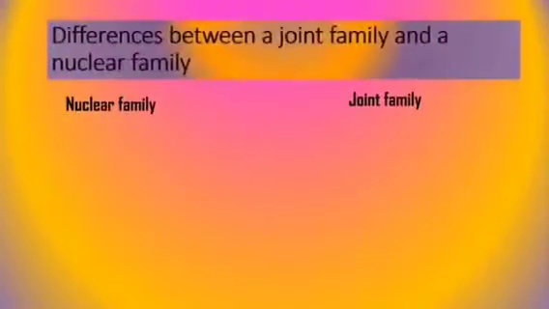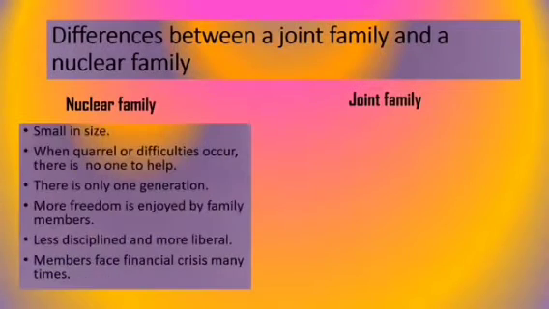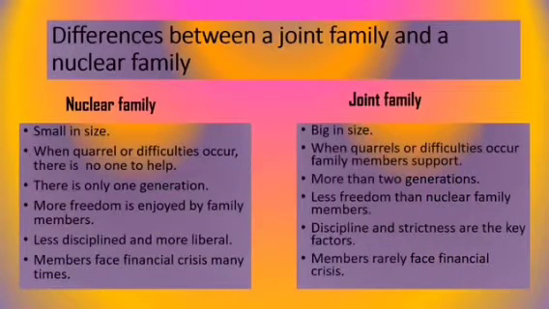Let us learn the differences between a joint family and a nuclear family. You have already listed some of the differences. Now, let's first talk about the nuclear family. Nuclear families are small in size. That is why they have the name nuclear family, right?